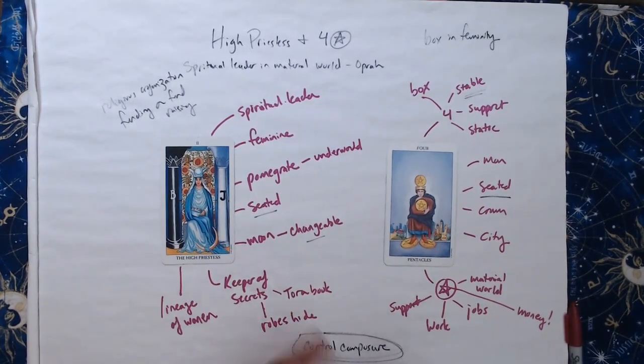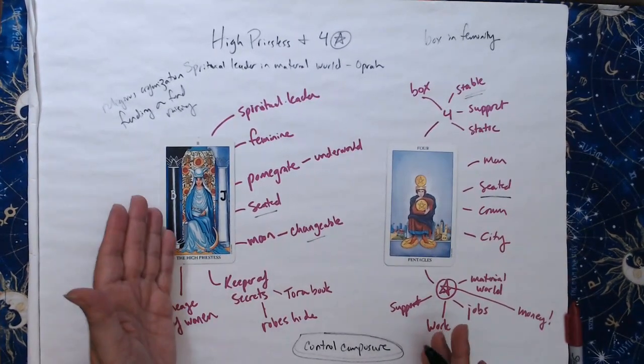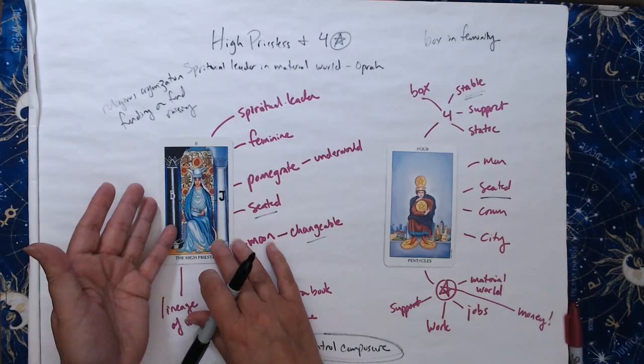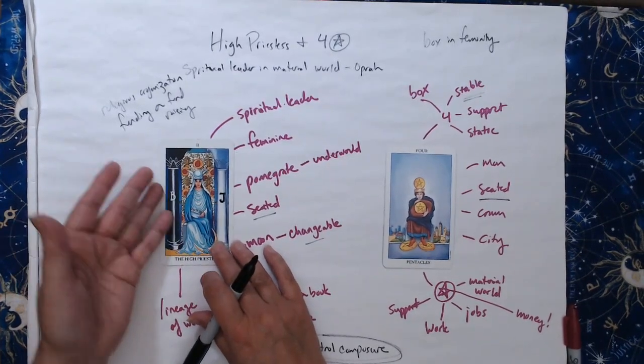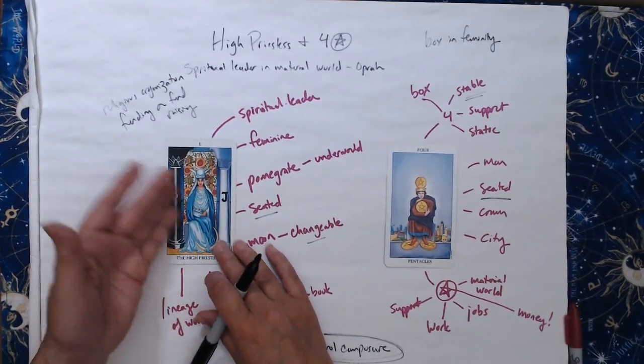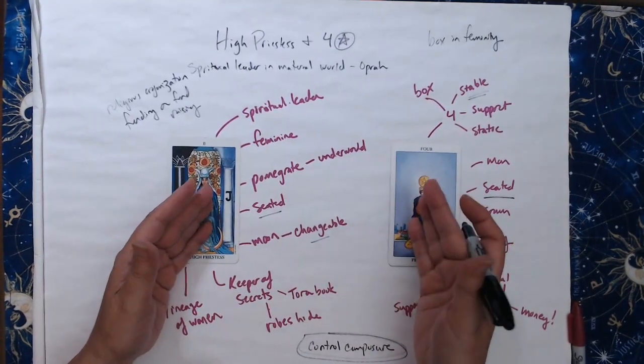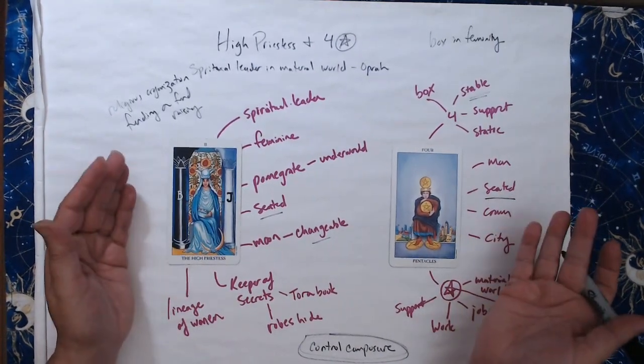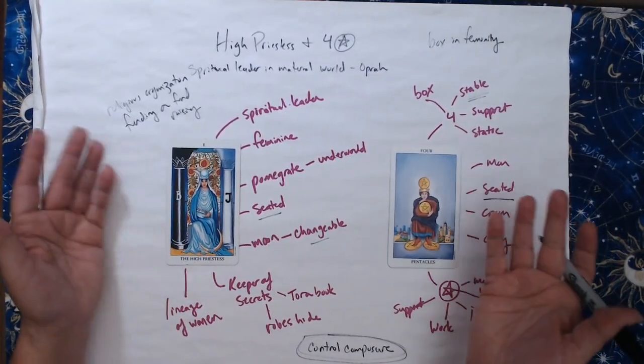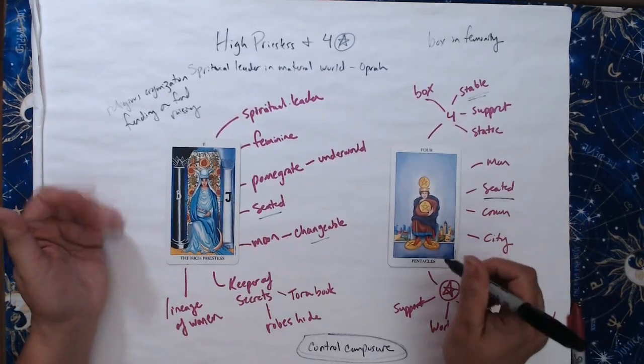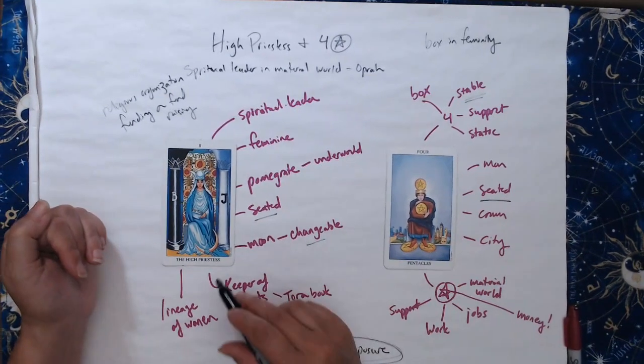It's going to depend on the spread, because if this was an actual spread, this card would be under the meaning of, this is the advice, and this might be under the meaning of, this is the problem or something, you know what I mean? And so that changes it, because then you're like, oh, the 4 is the problem and this is the advice.